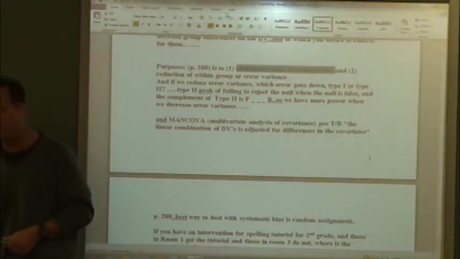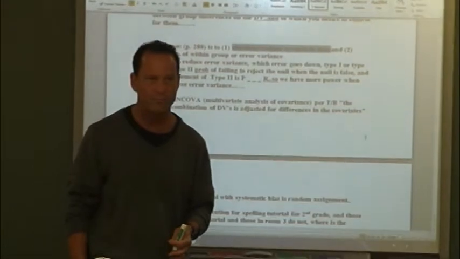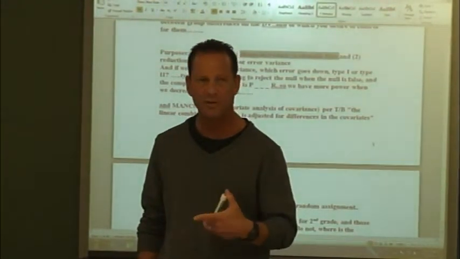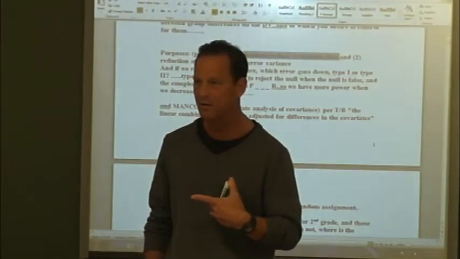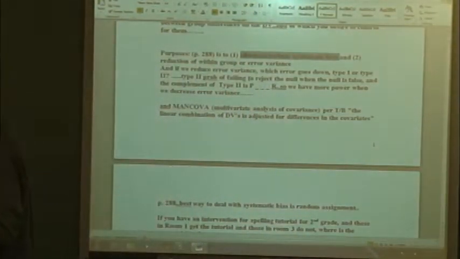The mean square error. And if we reduce error variance, which error goes down, type 1 or type 2? If we have a decrease in the mean square error, which is the denominator for ANOVA modeling, and the error is smaller, which error is reduced?